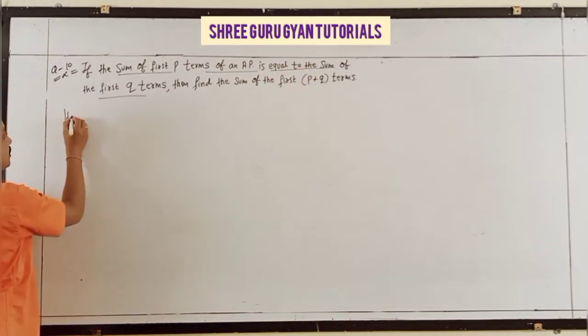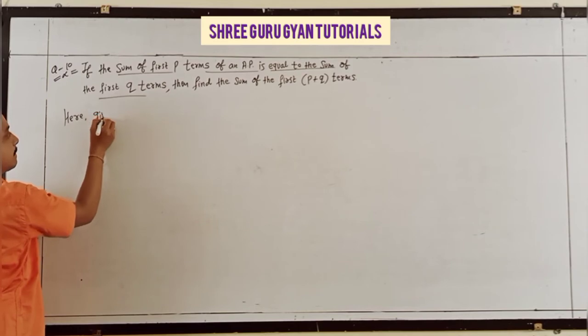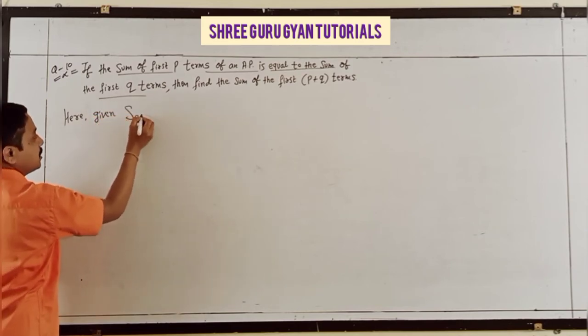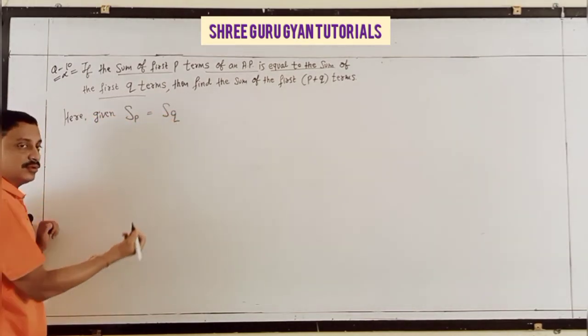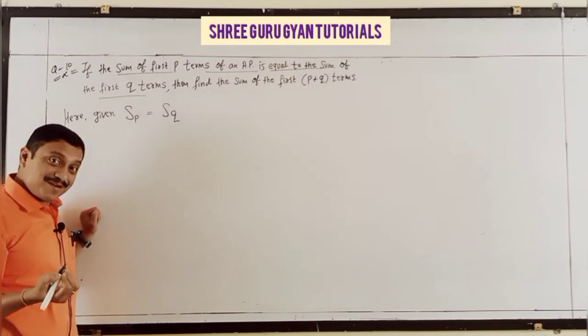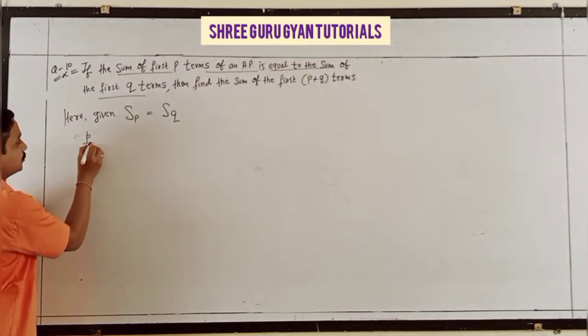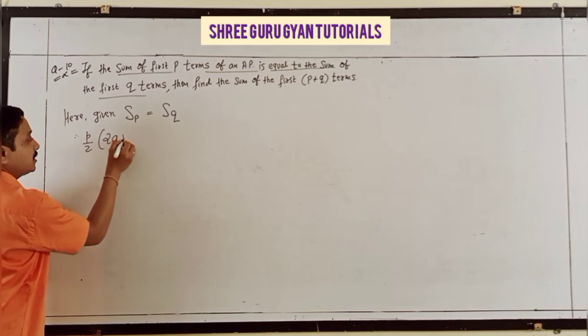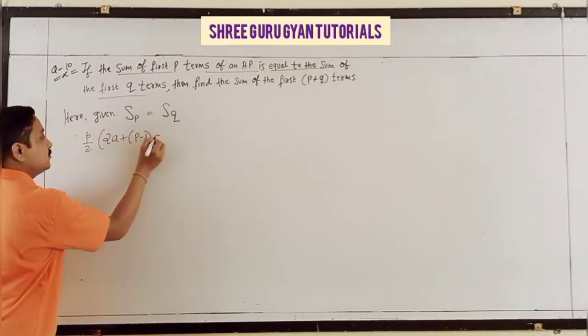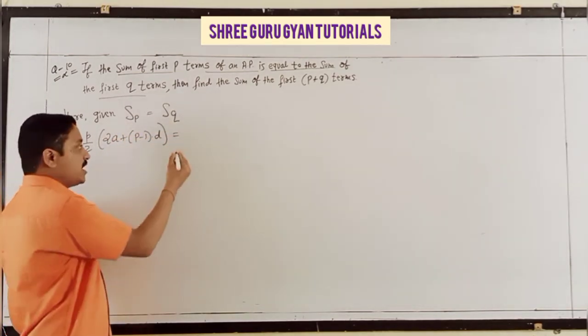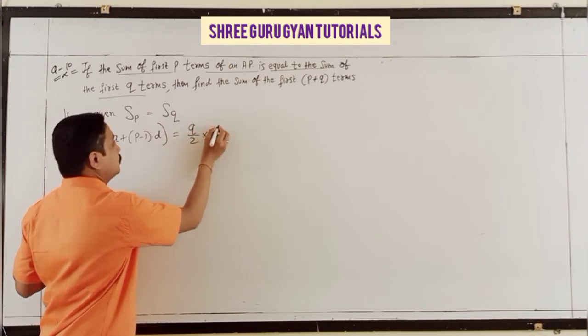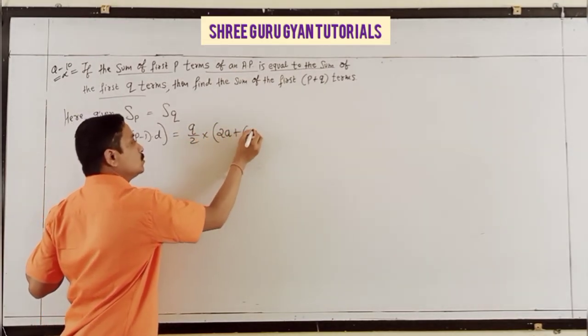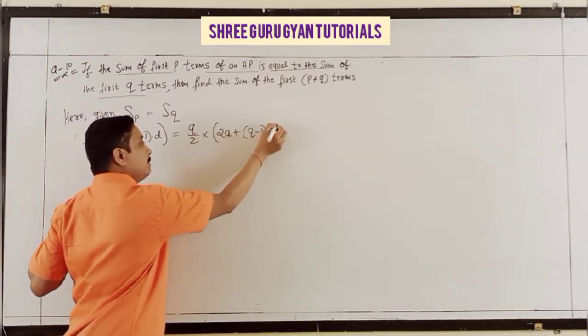It means here, given summation of p is equal to summation of q. Now apply the summation formula. It is p by 2, (2a plus (p minus 1)d), the same as q by 2, (2a plus (q minus 1)d).